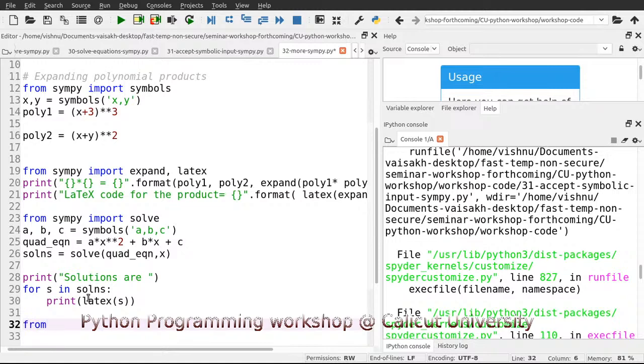from sympy import sine. I'm solving sine x equal to 0, or just sine x.